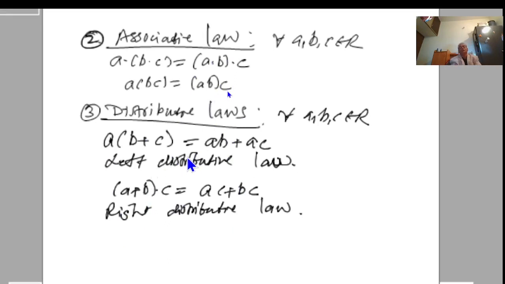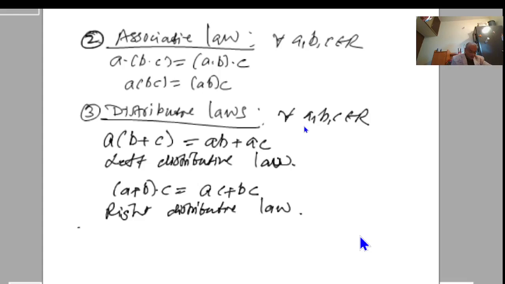So first, R comma plus is an abelian group. Second, the associative law holds with respect to multiplication. Third, both the distributive laws are satisfied, that is, the left distributive law and the right distributive law. Here the element A is to the left, and here the element C is to the right. If these three axioms are satisfied, then we say that R comma plus comma dot is a ring.